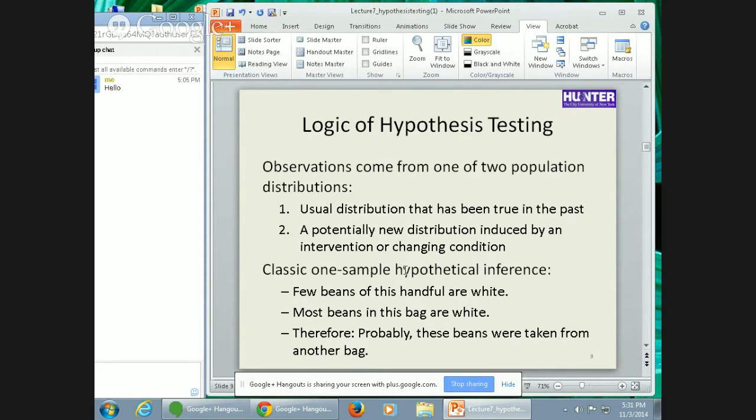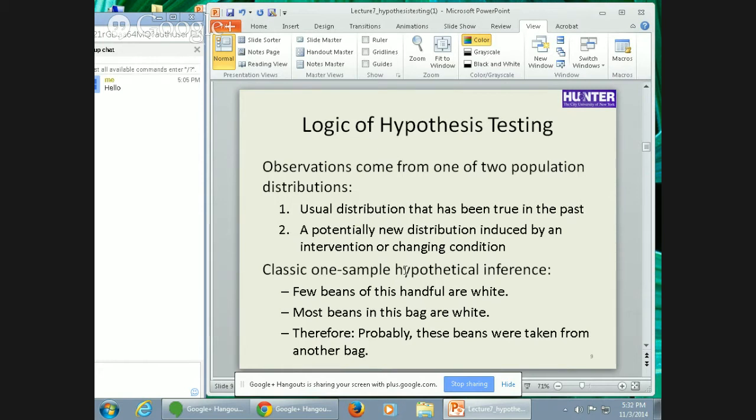Obviously, if you have 100 beans in your hand and none of them are white, then they probably didn't come from this bag of mostly white beans, whereas if you only took 2 of them, you're more likely to get just 2 beans of the wrong color just by chance.